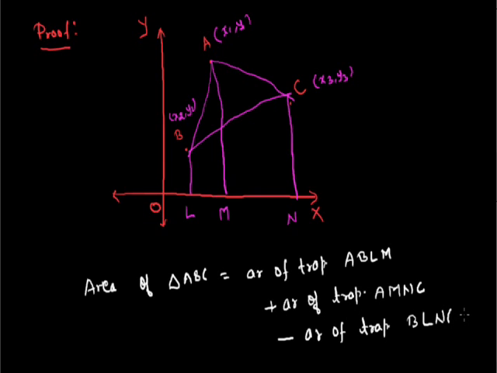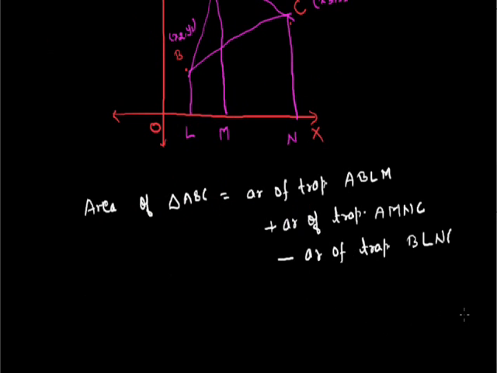If we add the areas of trapezium ABLM and AMNC and subtract the area of trapezium BLNC, then we can find the area of the triangle.